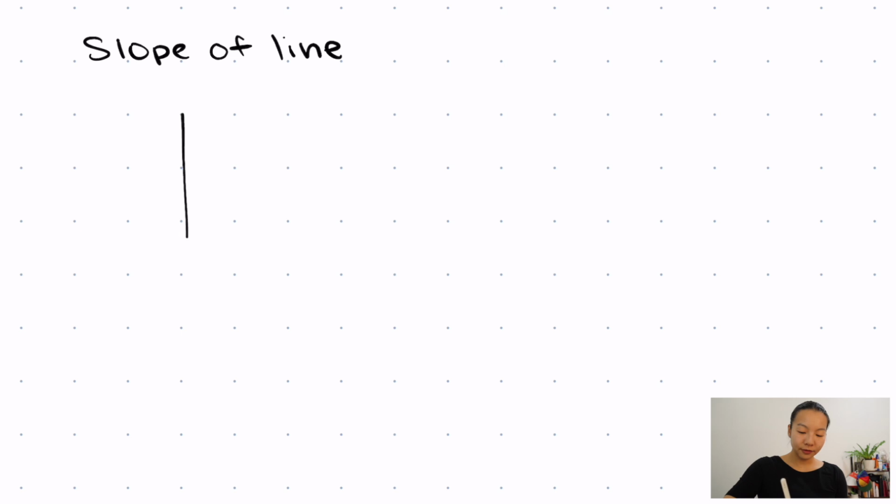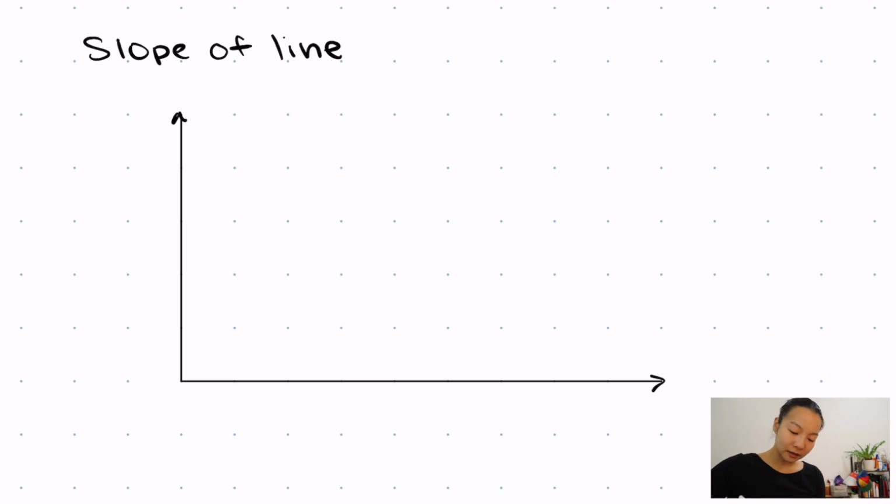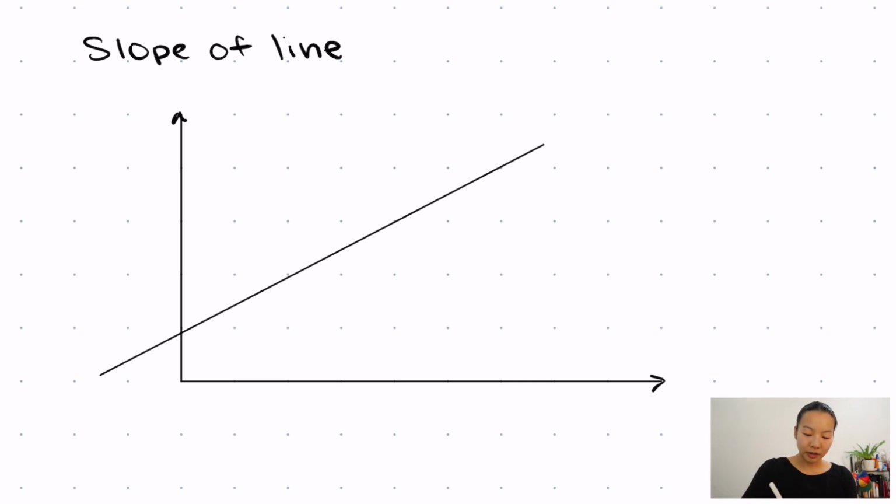If you have, let's say, your axes like this, and you have a line that goes maybe like this, where each of these is 1 unit, and each of these is 1 unit, and I'm asking you, what is the slope of this line?